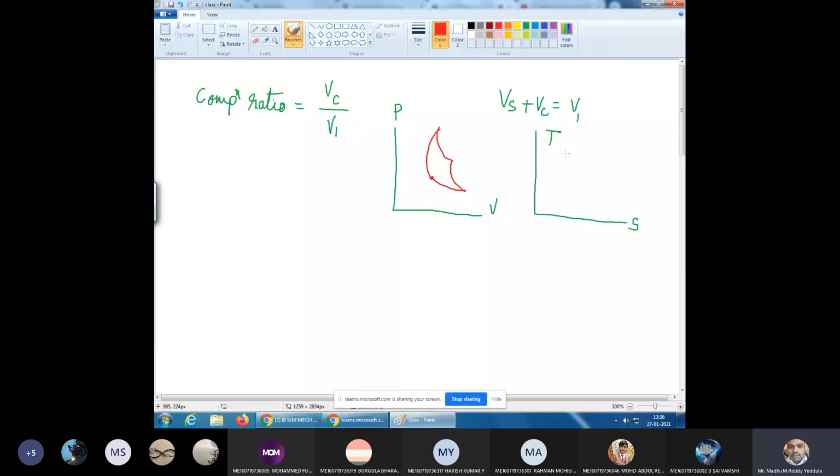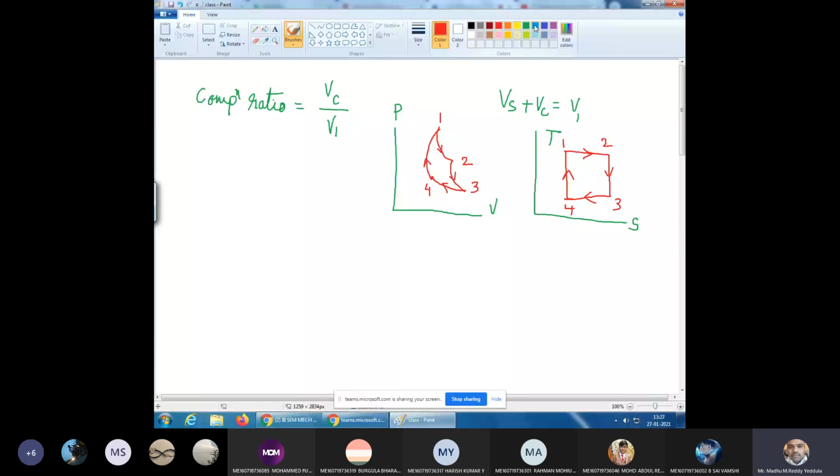Right, in the TS diagram, this is the representation. So 1, 2, 3, 4, and here this is 1, 2, 3, 4. Can anyone tell me what is the process 1 to 2?